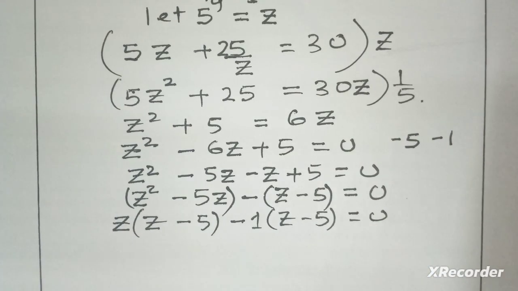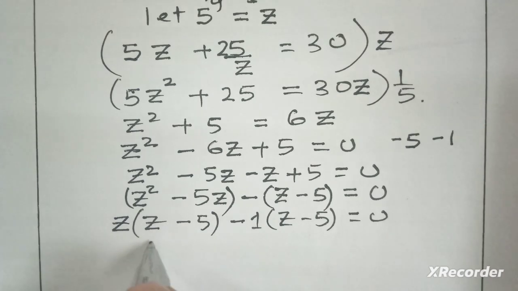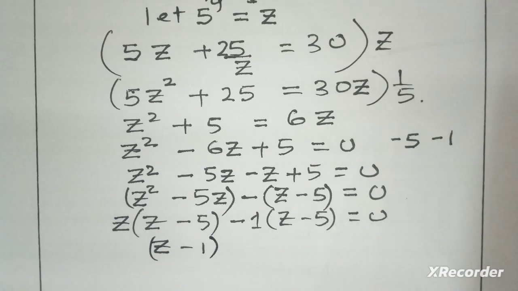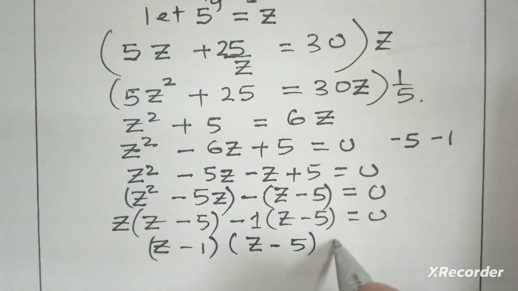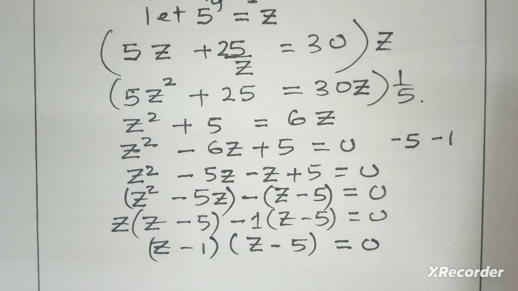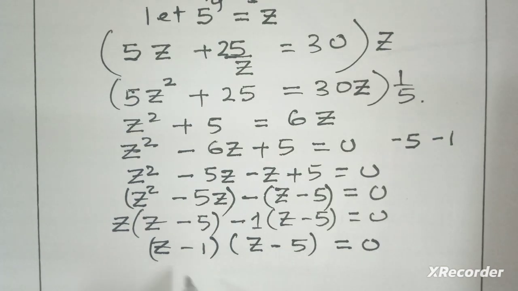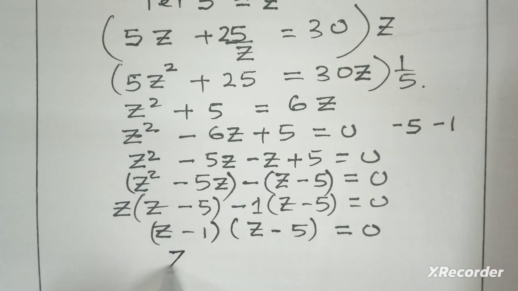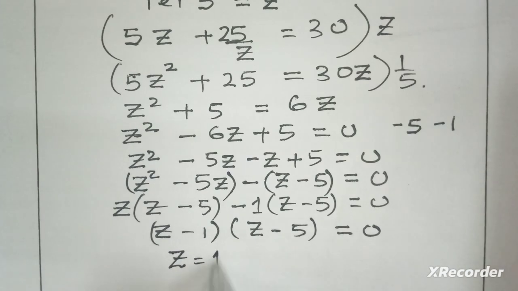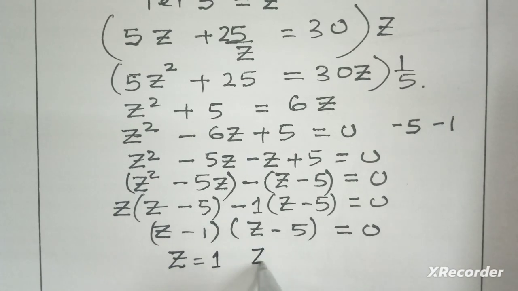So finally, guys, I will get z minus 1, z minus 5, and this one now gives us 0. So finally, we will have z equals to 1 or z equals to 5.